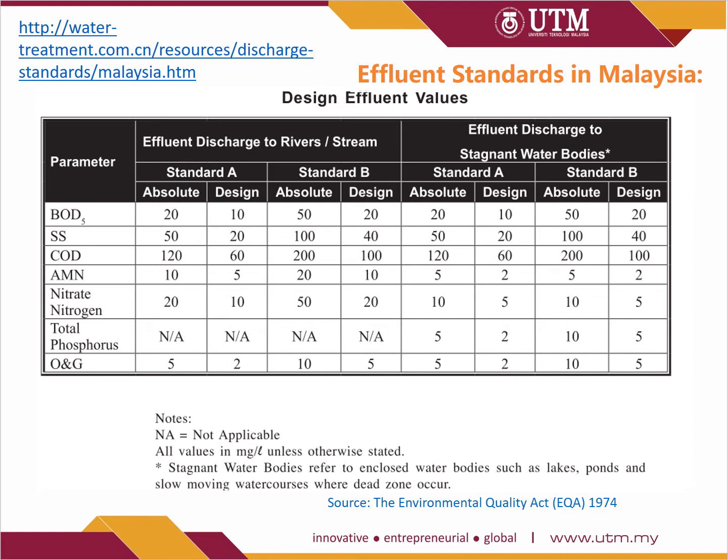COD can be a few thousand depending on domestic or industrial waste. Ammonia, this is soluble. Then suspended solids. Nitrate as a nitrogenous pollutant. Total phosphorus: if the water is to be discharged to a stagnant water body like a pond, to avoid the boom of algae, this has to be monitored, as compared to if it flows to a river.